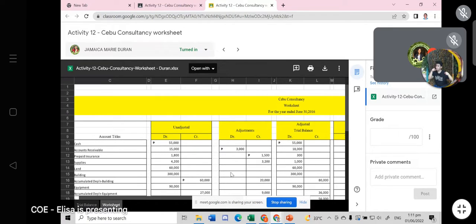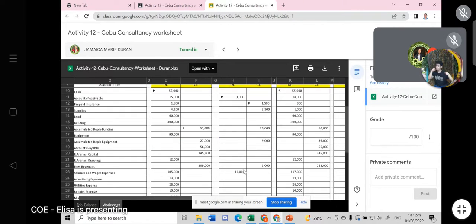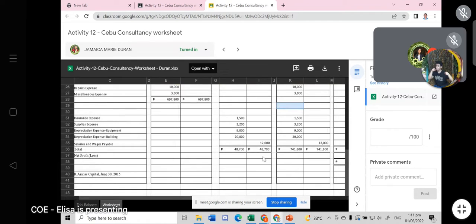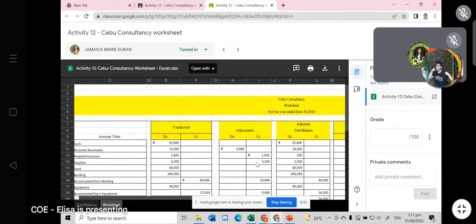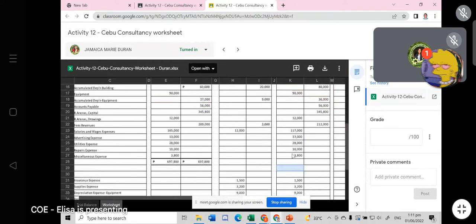So what is the partner of this adjustment? We need this letter A, letter B, and letter C. But somehow, you have the correct numbers.